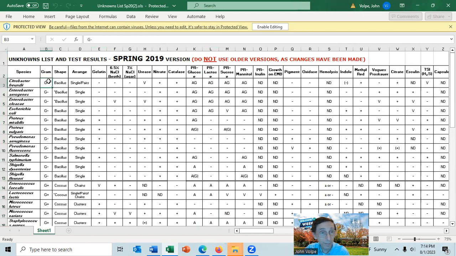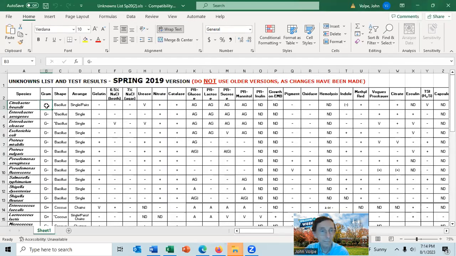So let's take an example. If it's gram negative, it's going to be one of these species here. And I got to enable editing here. Show you what to do. So if it's gram negative, it's going to be one of these species. If it's gelatin hydrolysis negative, it's going to be narrowed to these species.